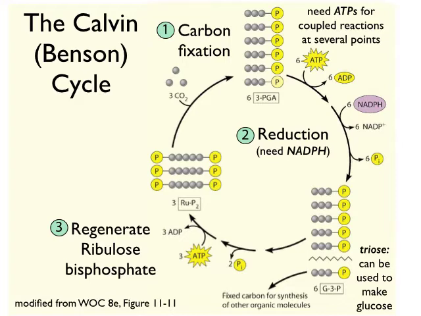We produce 6 of these, and these 6 trioses have an interesting fate. So only one of these is used for synthesis of other organic molecules, like sugars, for example, or starch. 5 out of the 6 trioses actually continue within the cycle.